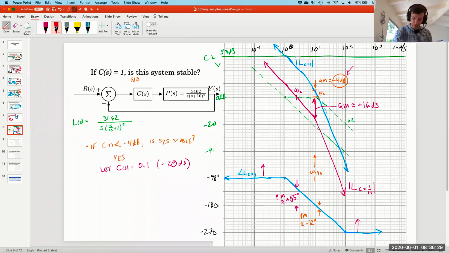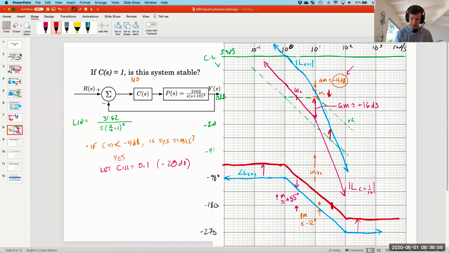If I were to move the whole phase plot up, arbitrarily, I'm not saying how I would do this, but if I were able to move the phase plot up by 45 degrees across the board, now all of a sudden the omega 180 frequency is up here, which means if we look up, we now have a very healthy gain margin.